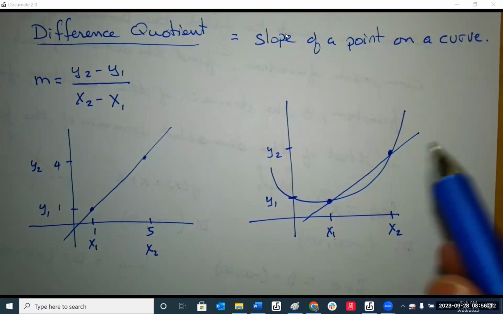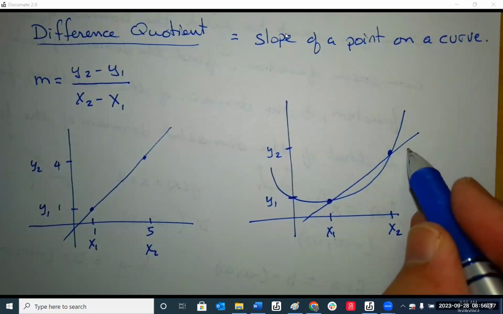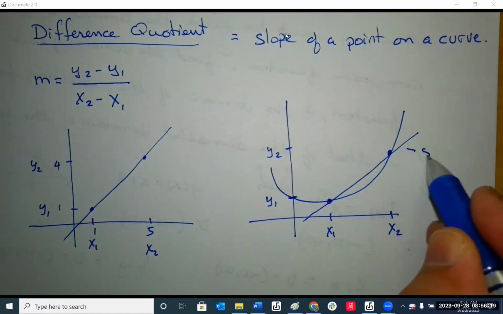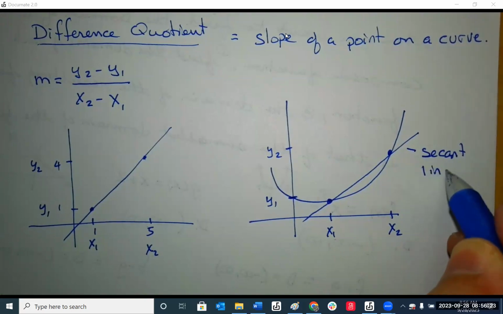No, because it crosses at 2 points. A line that crosses a curve at 2 points is called a secant line.